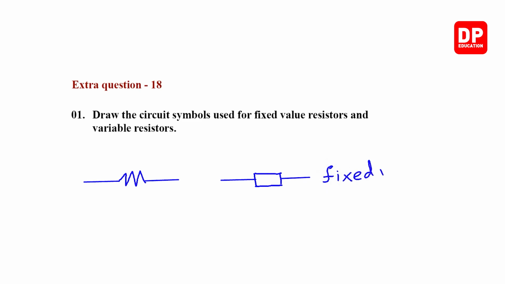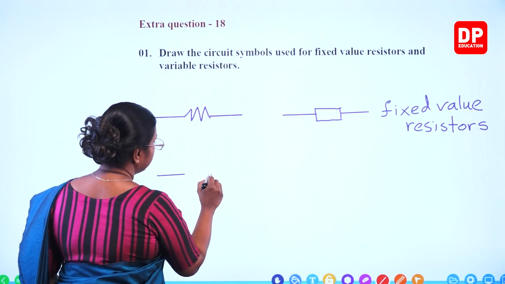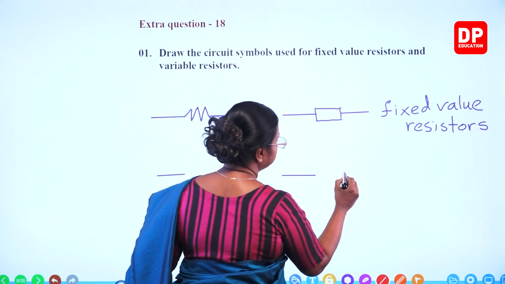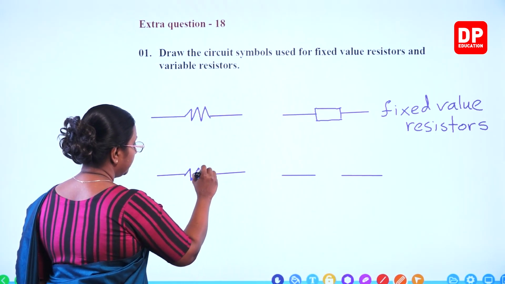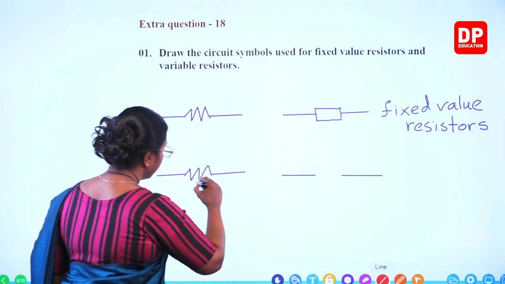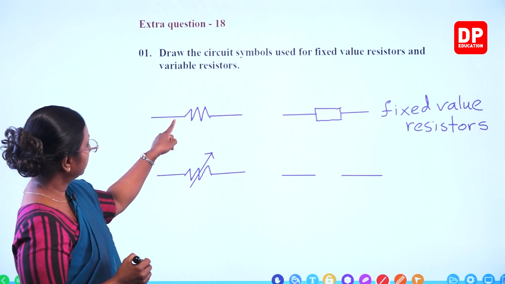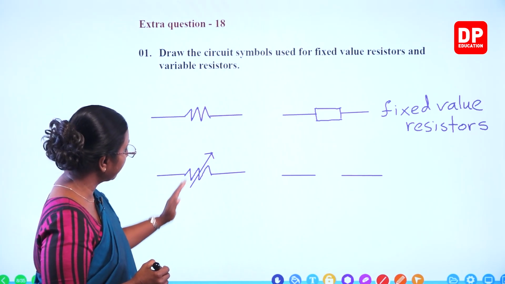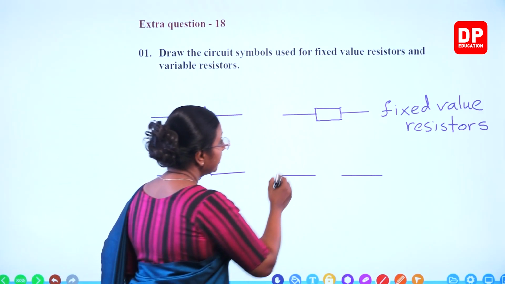Fixed value resistors. Then we have a similar circuit symbol, again both. When you have this zigzag line and across that an arrow like that, now this is no longer a fixed value resistor. When you have an arrow across it, it becomes a variable resistor. The same goes for this one.